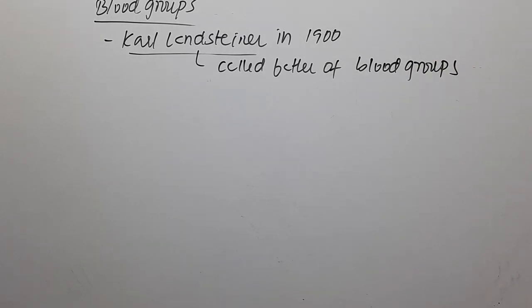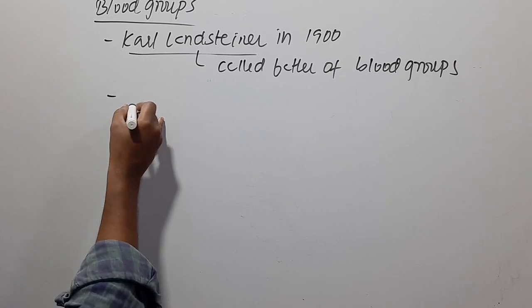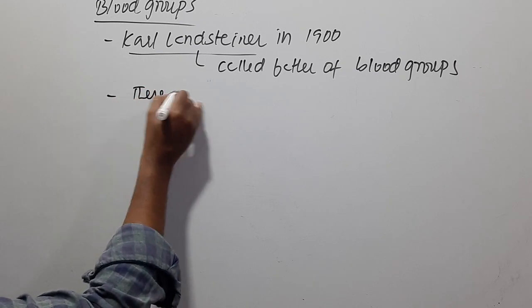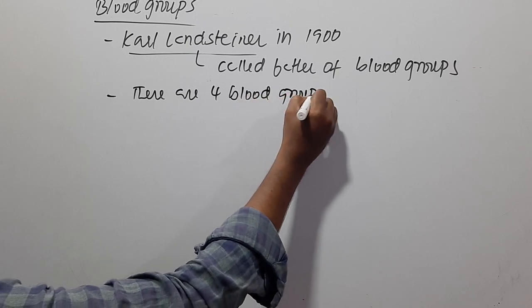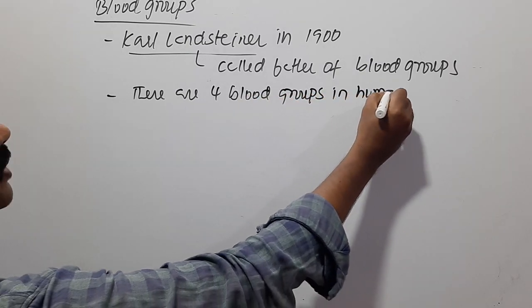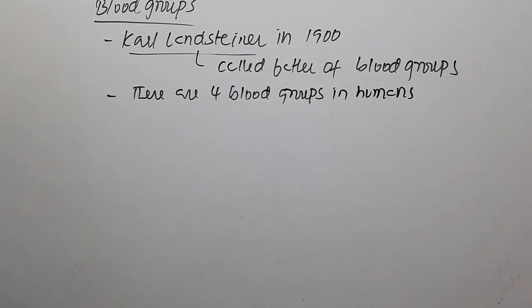According to him, there are 4 blood groups in humans: A, B, AB and O are the different blood groups.